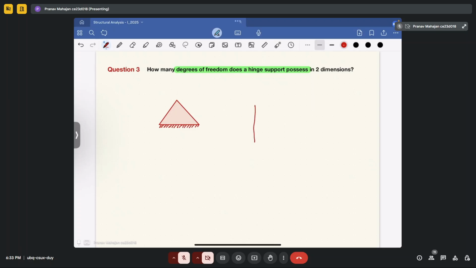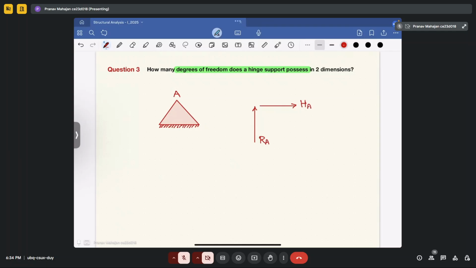If you want to make an equivalent diagram, you generally draw 2 reactions: one is a horizontal reaction and another is a vertical reaction. Suppose this is support A. This is your vertical reaction, this is your horizontal reaction.